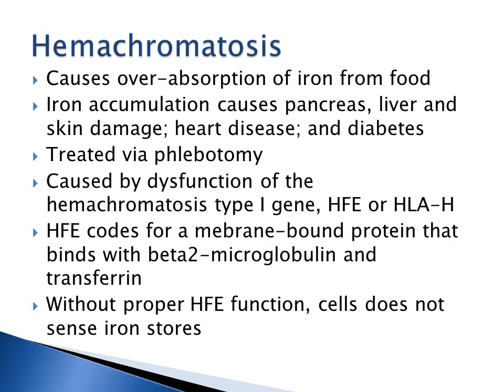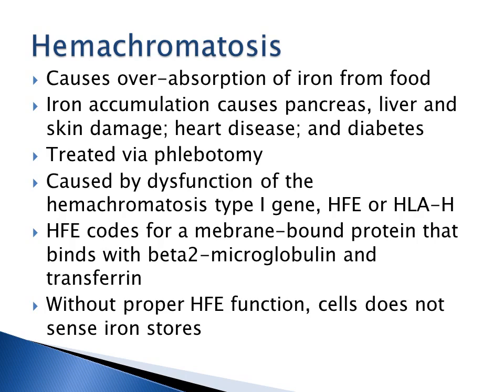In the disease hemochromatosis, there's an overabsorption of iron from food, and this iron accumulates in the organs in the body and causes damage. So hemochromatosis is usually treated through phlebotomy.